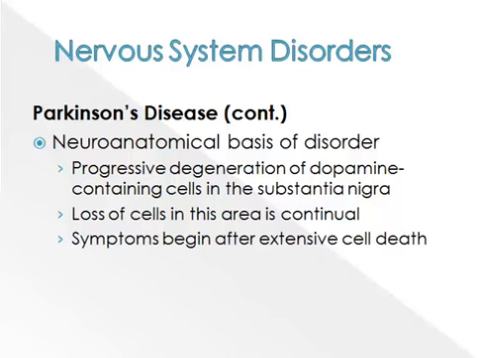And what happens is that with this progressive degeneration of these cells, symptoms begin to occur. And unfortunately, there's a continuous loss of cells in this area over time. And with very extensive degeneration or cell death, that's when symptoms start to pop up and they become progressively worse.